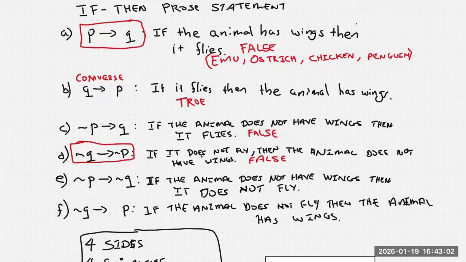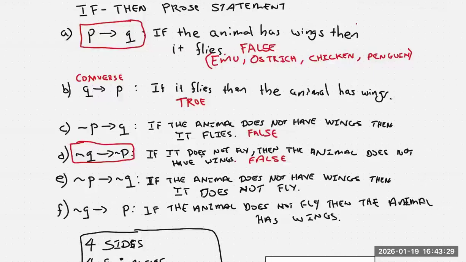And as I told you before, if the statement was true, its contrapositive must be true. And also, if the statement was false, then the contrapositive must also be false. So we didn't even have to check it out, think about it logically. Once this one was false, then this one has to be false as well. That's how contrapositives work. Which is a good way to test if you came to the right conclusion.